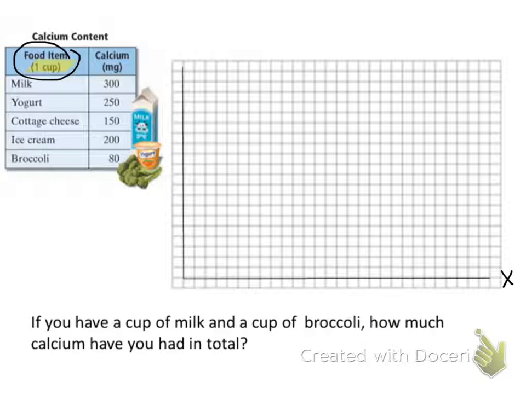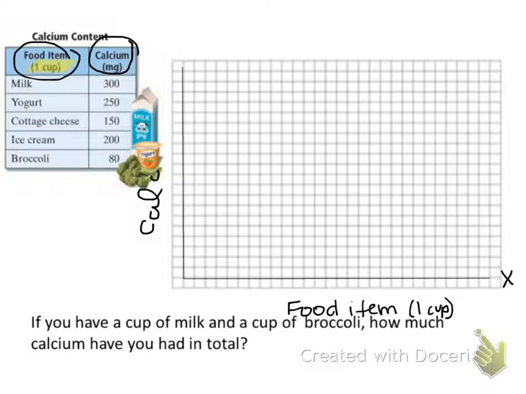So I'm going to write food item, and then in parentheses, 1 cup. Then we need to label our vertical axes, or our y-axis. And our y-axis is going to have calcium in milligrams. So I'll write it along here, calcium in milligrams.